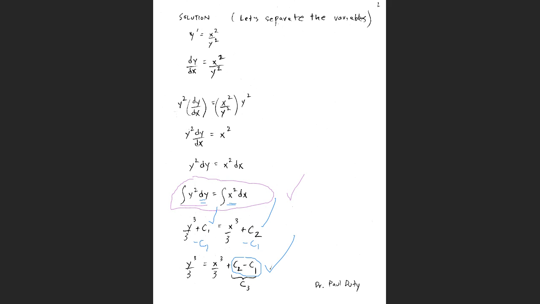Well, we still have to solve for y, right? We need to find the solution to this initial value problem. What does y equal? It should hopefully be obvious that I have to take this equation and solve it for y.